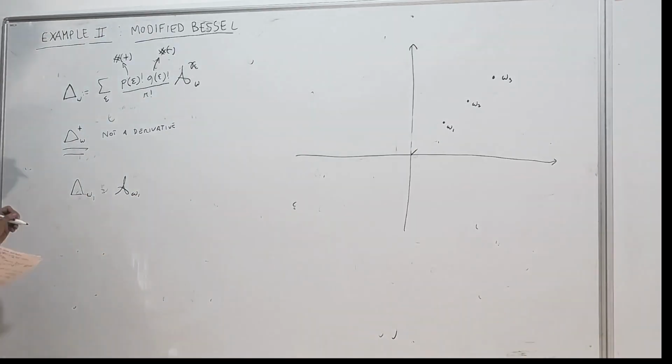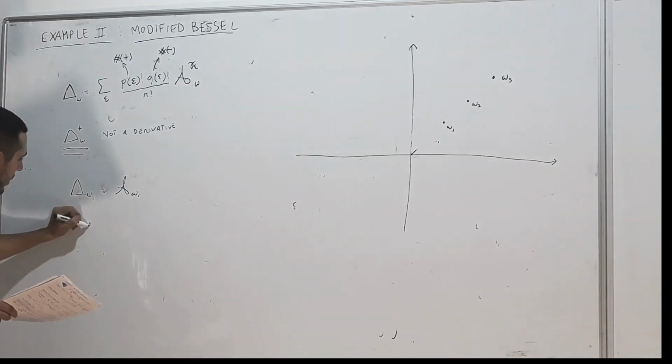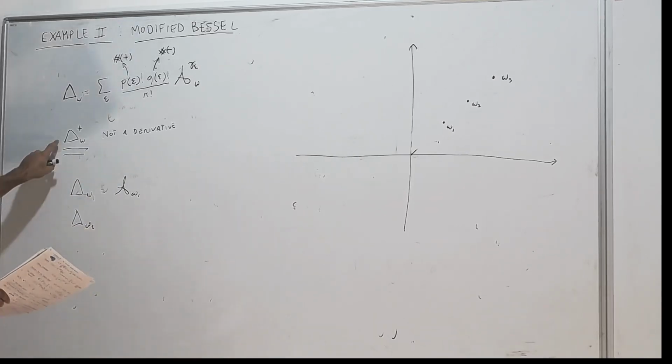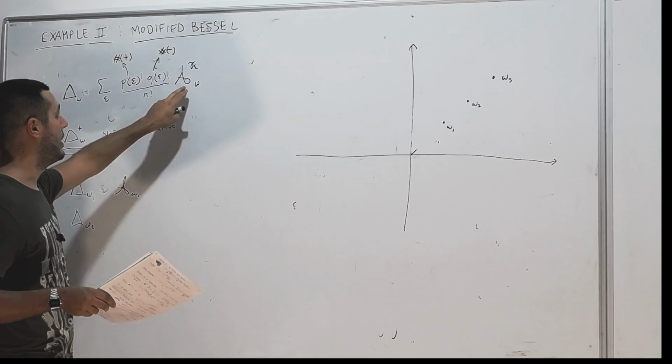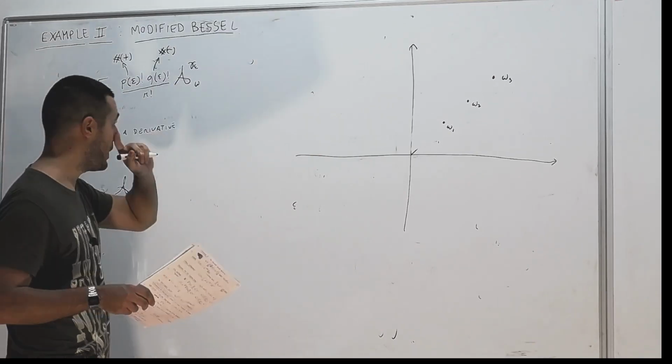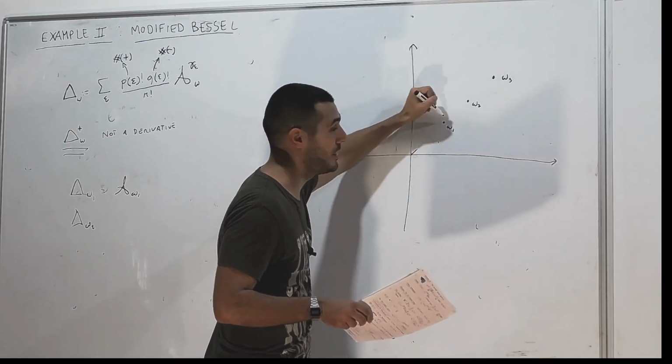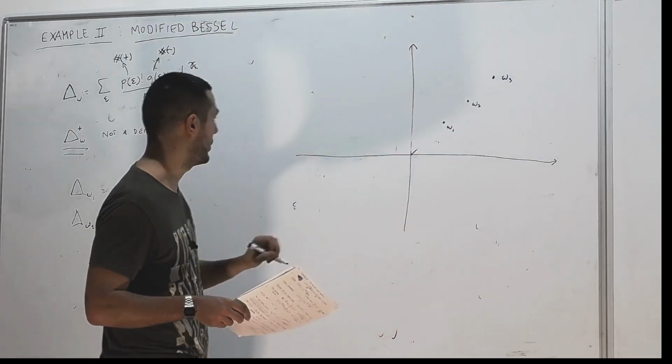Then if I want to compute the alien derivative, this delta plus is the alien operator that I associated to the path that only has pluses.